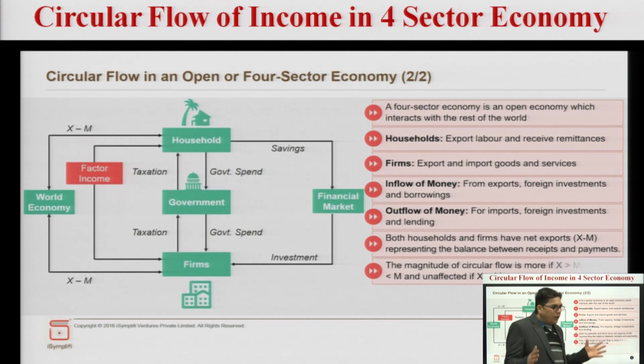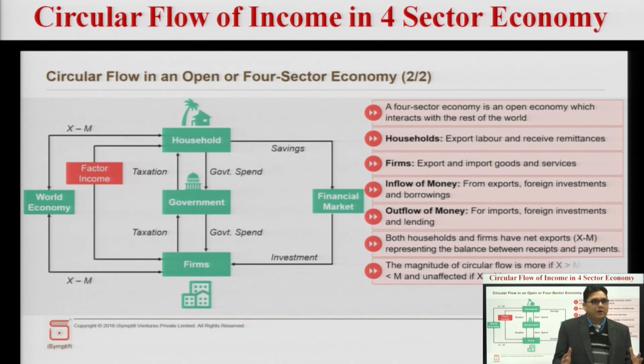So, into the world economy, what happens is that we can export our labor to the rest of the world. See, Indians are working in India, Indian workers are working in the USA, they are working in Saudi Arabia, they are working in every part of the world.